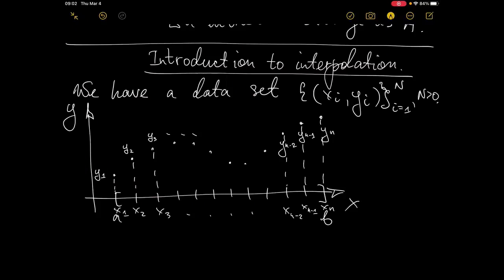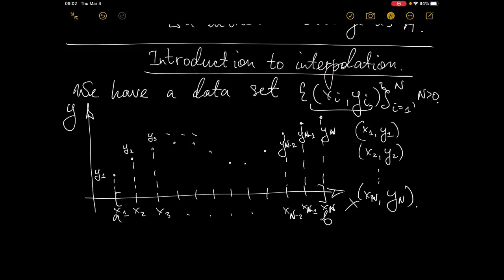So we got these pairs of numbers, x1, y1, x2, y2, and so on till xn, yn. Okay, it looks like we are great.